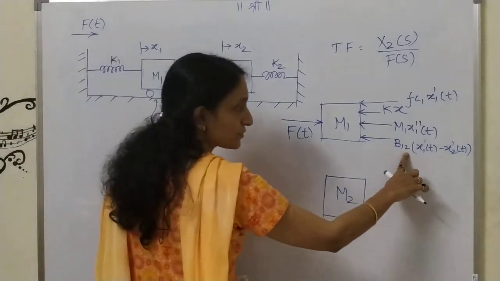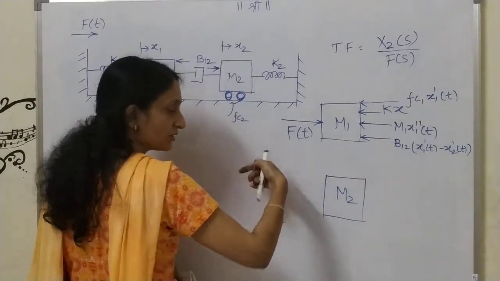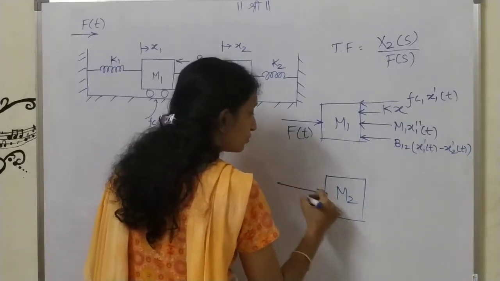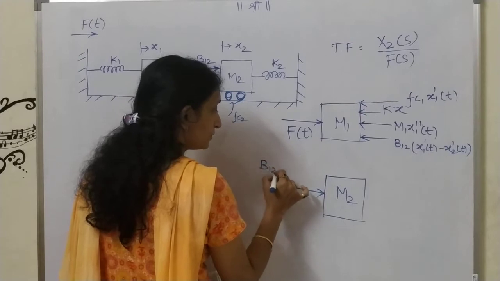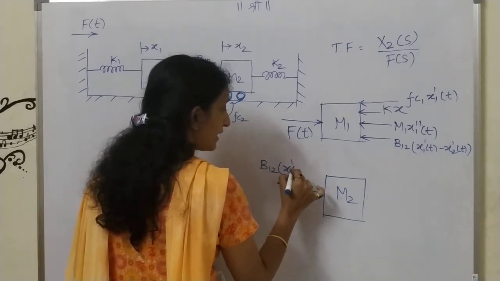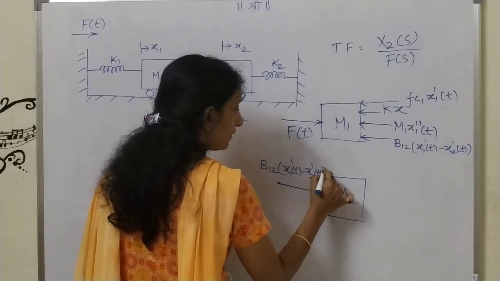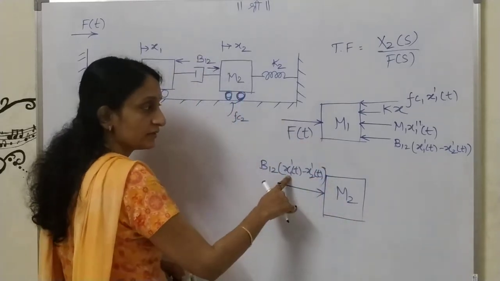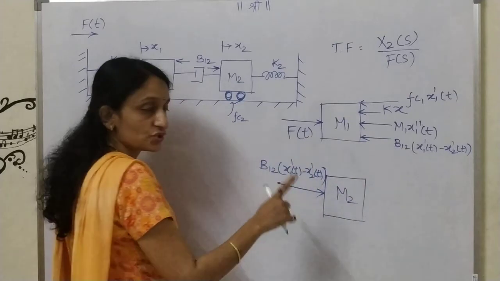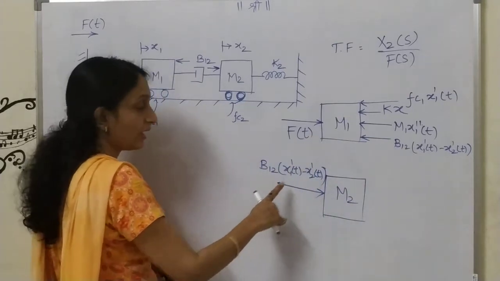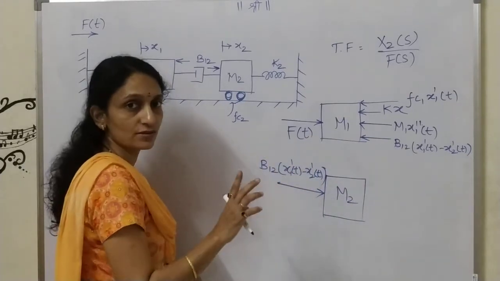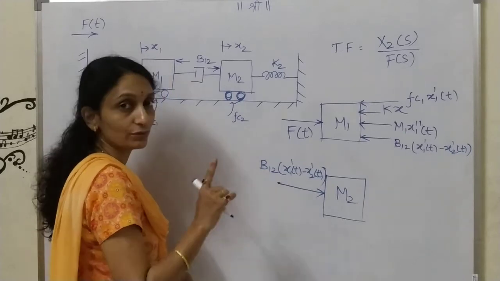Here I have shown B12 in this direction, so here I will show the force because of B12 times x1 dash of t minus x2 dash of t. I have only changed the direction, I have not written x2 minus x1. So you have to take care.